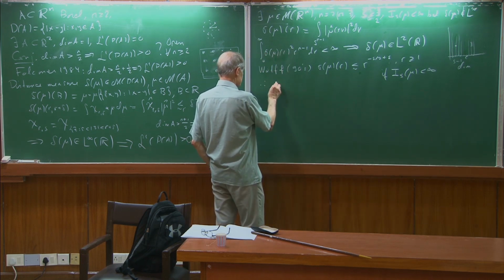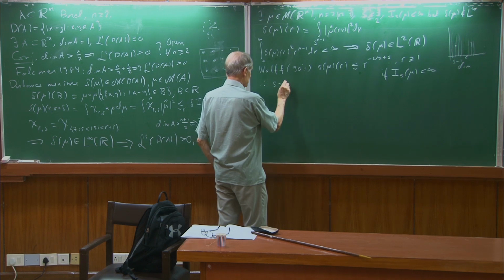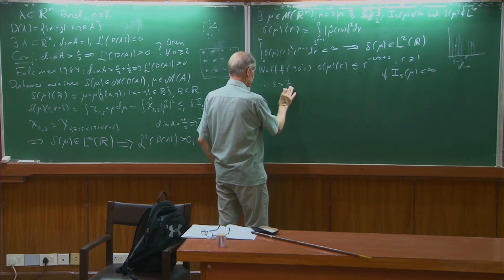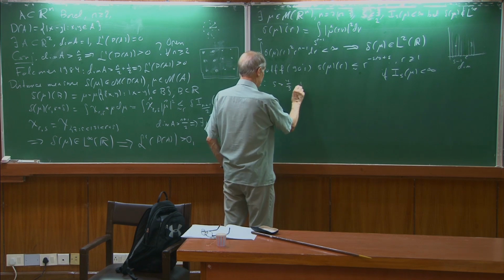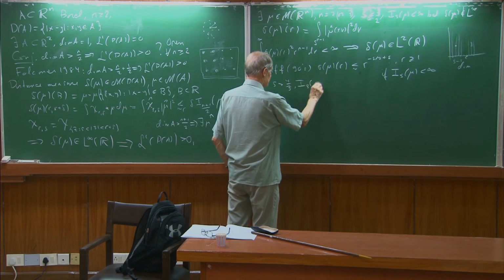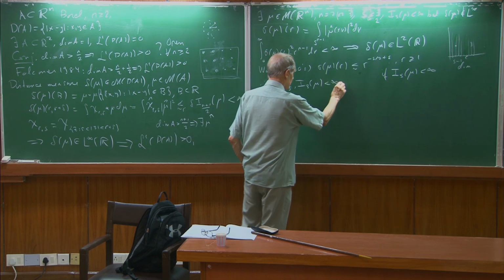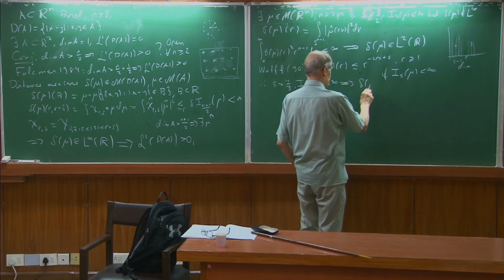So this implies that s bigger than 4 over 3 and I_s(mu) finite implies that this delta mu is in L2 measure.